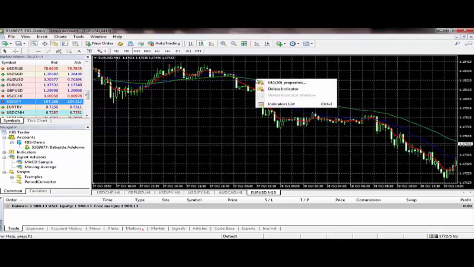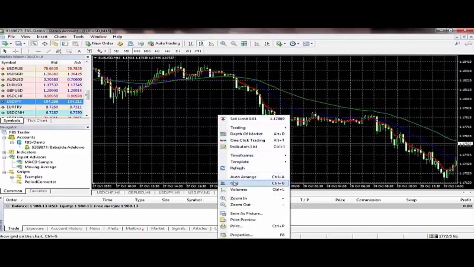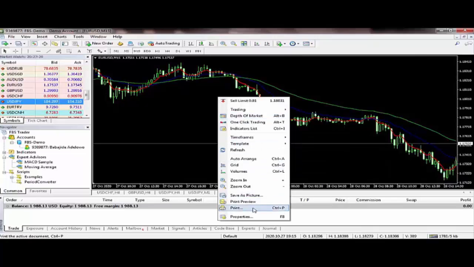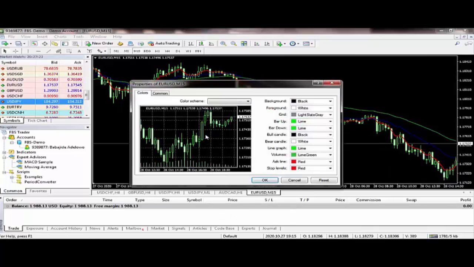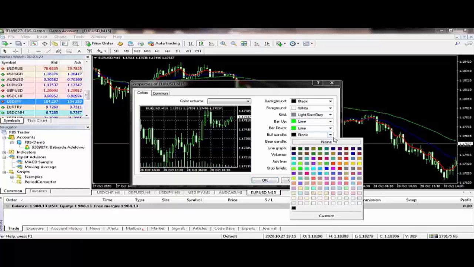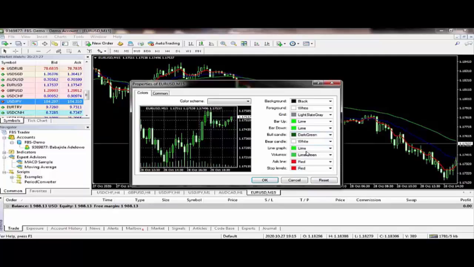Let me remove this. You can always go here and remove this like this. You can even come to properties and change the look of this. You can change the look of your buy here. So maybe you want the bar up, this is bar up, bull candle. Bull candles are always green, so you can make it green.